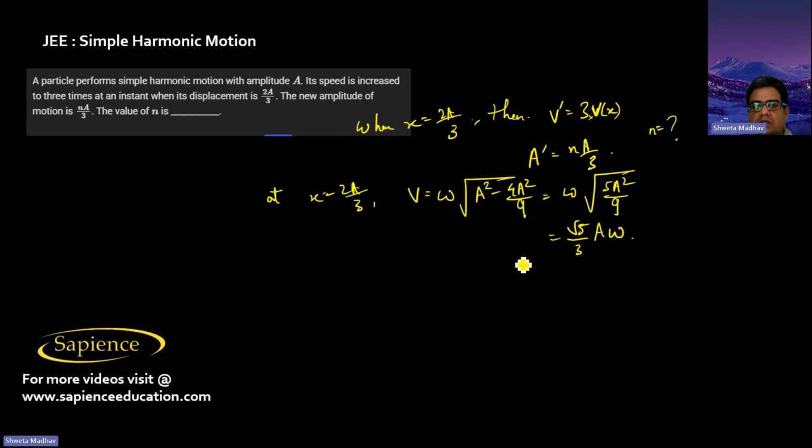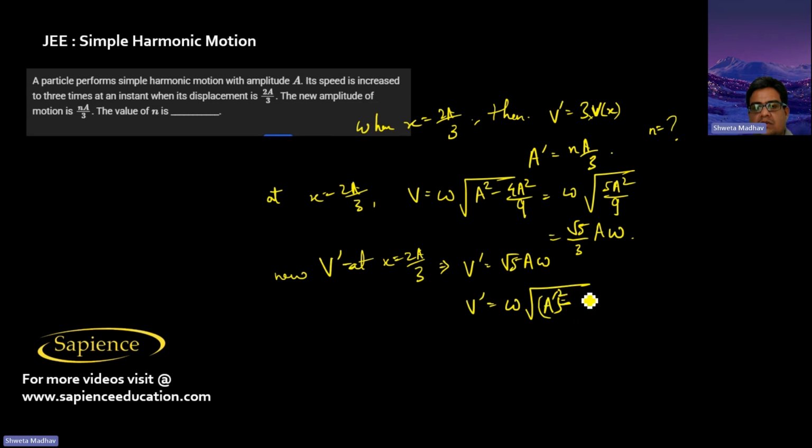Now the new velocity at x equal to 2A by 3 is given as v dash, that is equal to root 5 A omega, which is 3 times of v. So now the amplitude will change. So v dash is equal to omega, since the frequency will not change, it will remain the same, root over A dash square minus x square, which is 4A square.